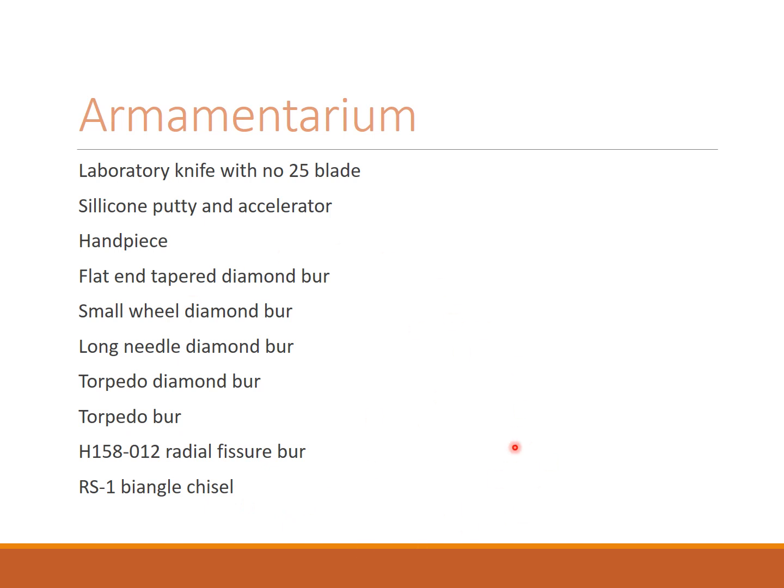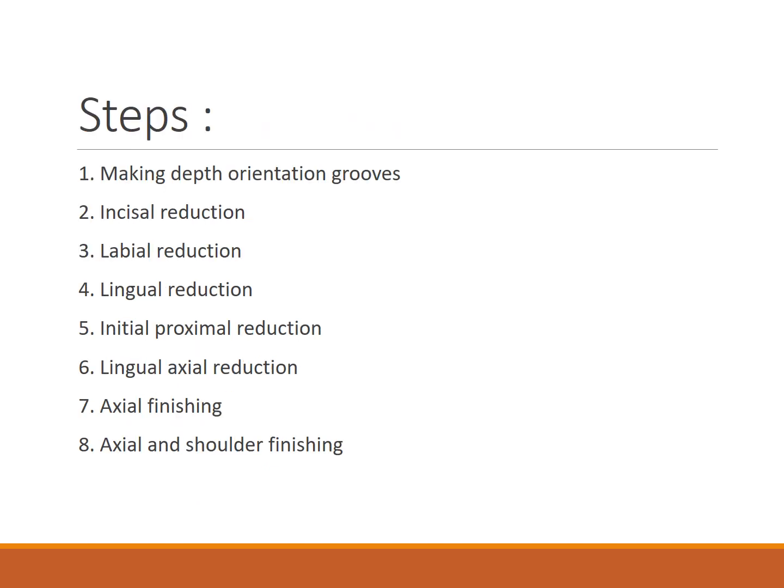So guys, please go through and read properly the names of the burrs so you'll understand better. Steps are making the depth grooves or the orientation grooves, incisal reduction, labial reduction, lingual reduction, incisal initial proximal reduction, lingual axial reduction, axial finishing, and axial and shoulder finishing.